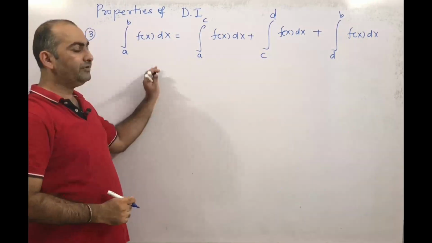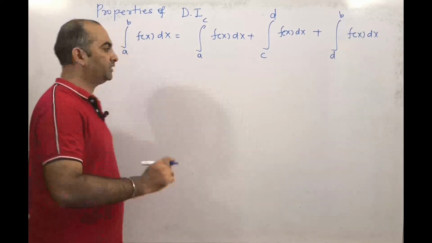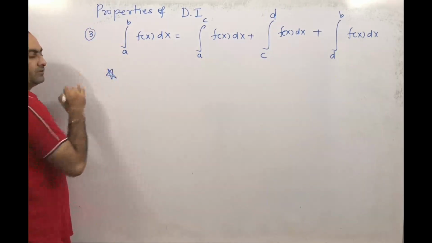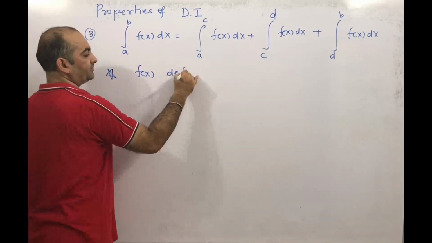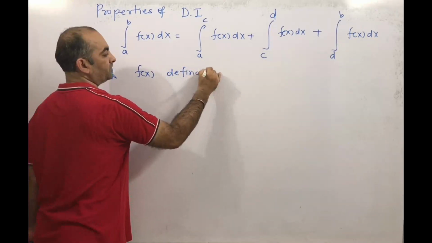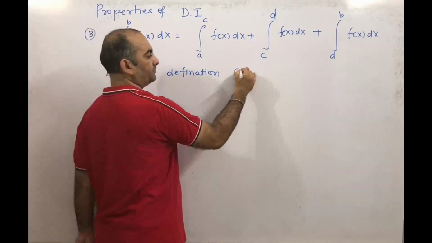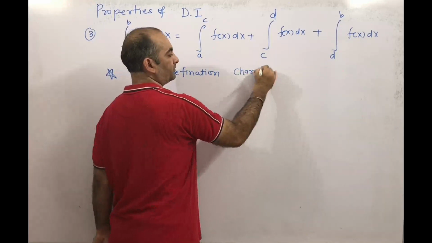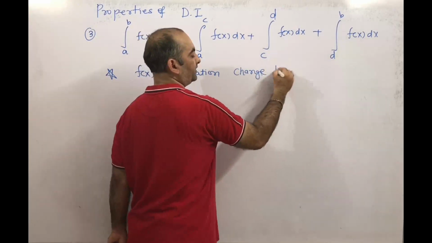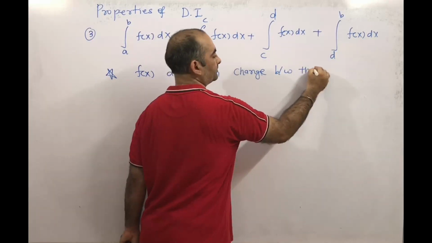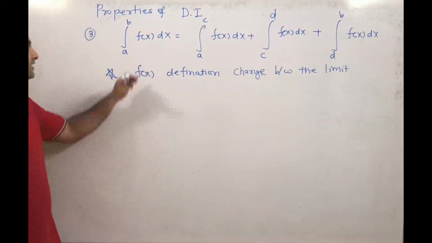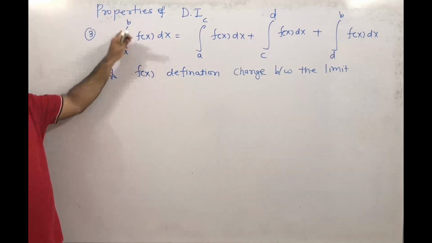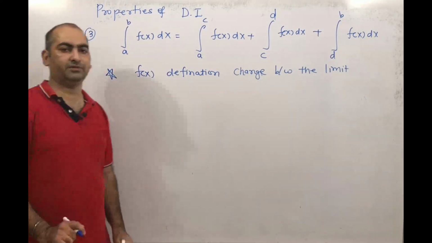When we have to apply this property, there are three possibilities. First possibility: f(x) definition will change between the limits a to b. We'll discuss an example.